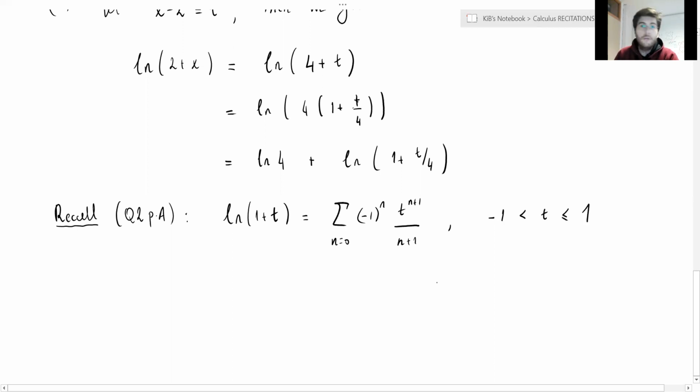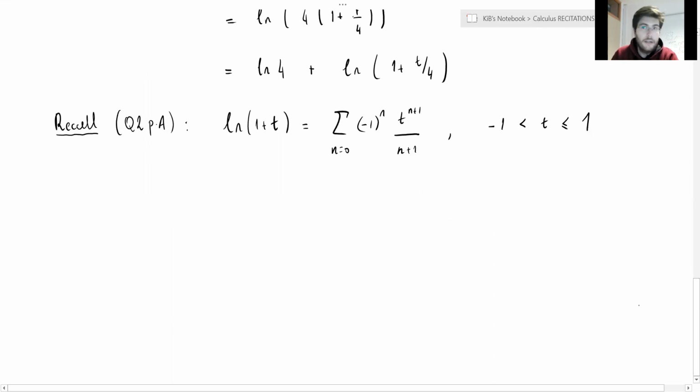This was the domain of convergence. Since we did this, let's use this representation, but in place of t, we will have t over 4.